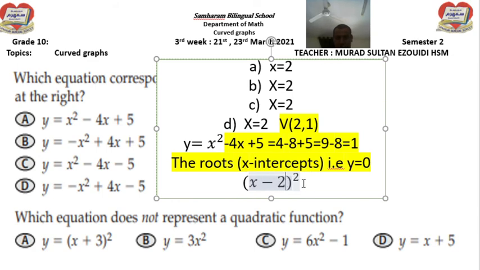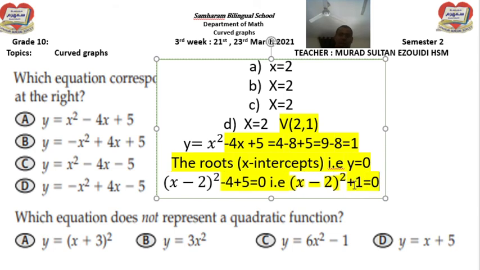Then minus 2 squared is 4, plus 5 equals 0. This gives x squared minus 2, plus 1 equals 0. This one has no roots.